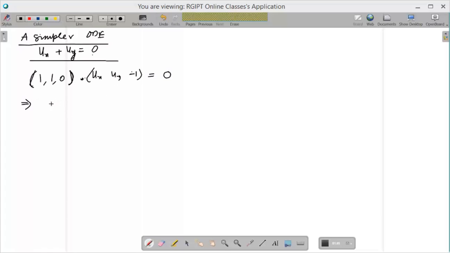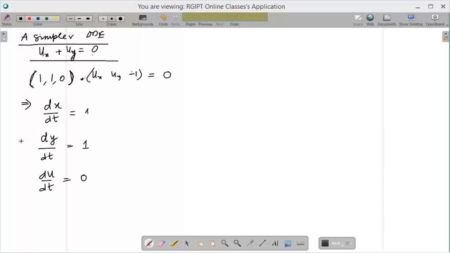So now here what do I get is dx by dt equals ux plus 1, dy by dt equals 1, and du by dt equals 0.